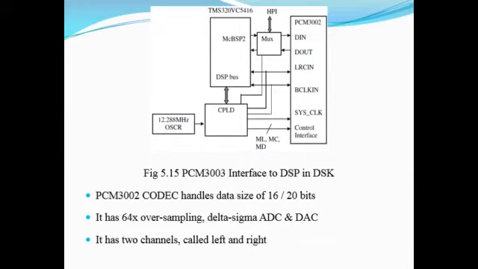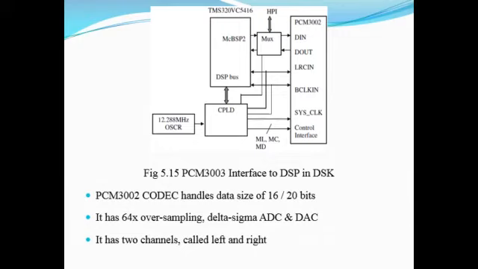So it has ADC and DAC in it, along with the sampling circuit. It uses delta-sigma modulators, which are normally used to convert analog to digital. Analog to digital conversion is done, and digital to analog conversion is done.